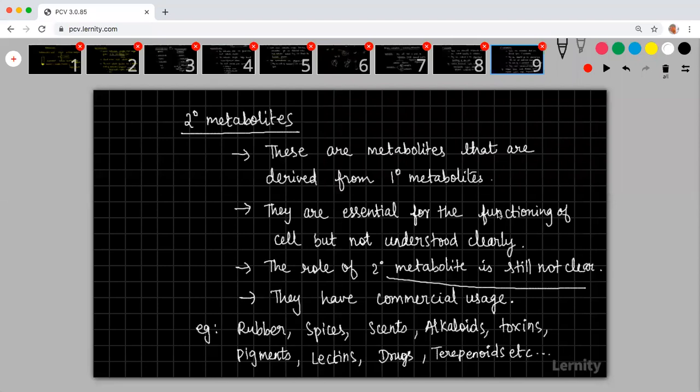Hormones can be included in it, not just plant hormones, even human hormones. Steroids, whatever steroids we are talking about, can also be considered that way. Okay, they are all chemical groups.